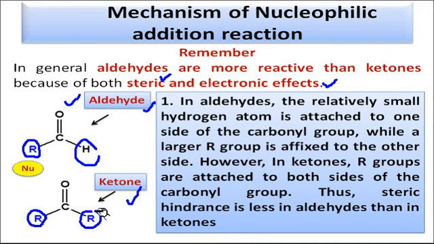Thus, steric hindrance is less in case of aldehyde. When the nucleophile tries to attack this carbon atom, it feels less steric hindrance in case of aldehyde than in ketones.